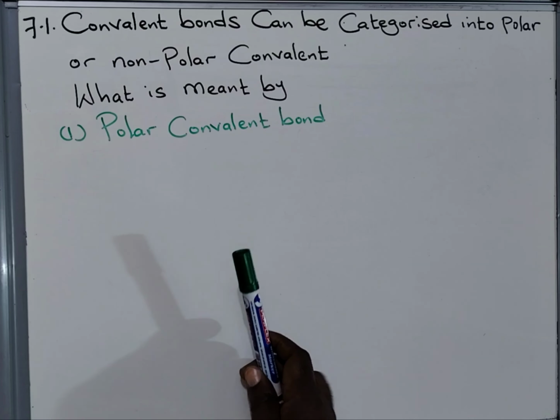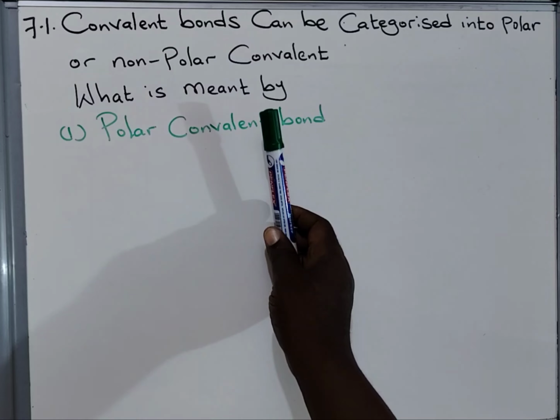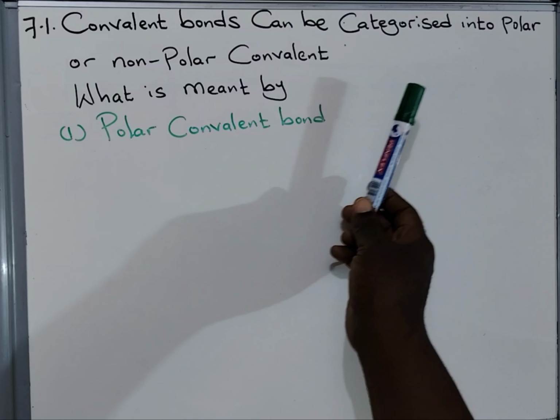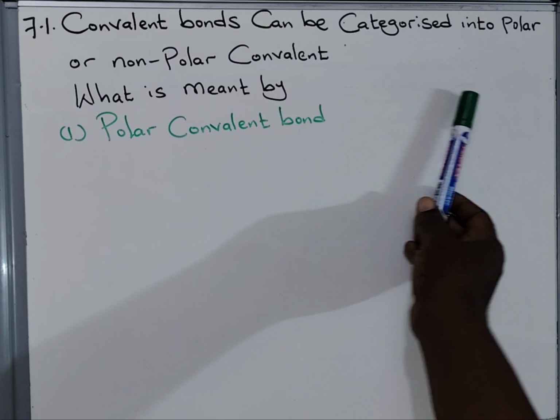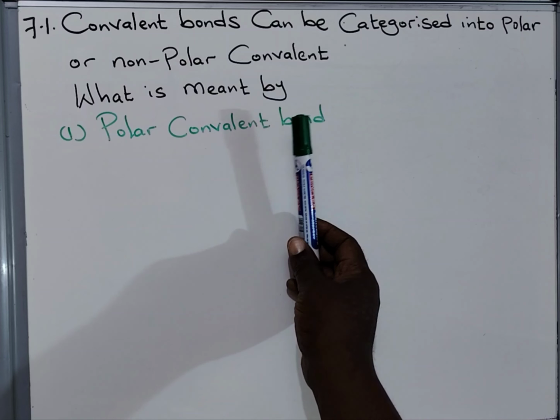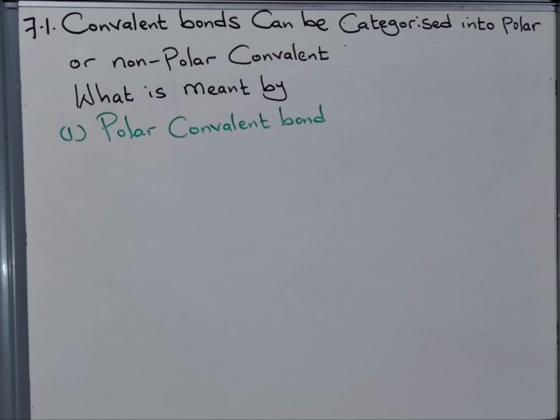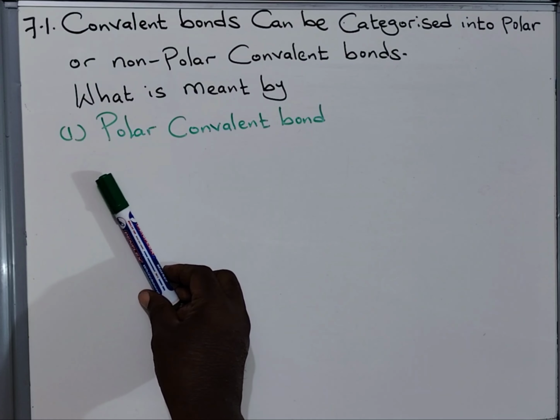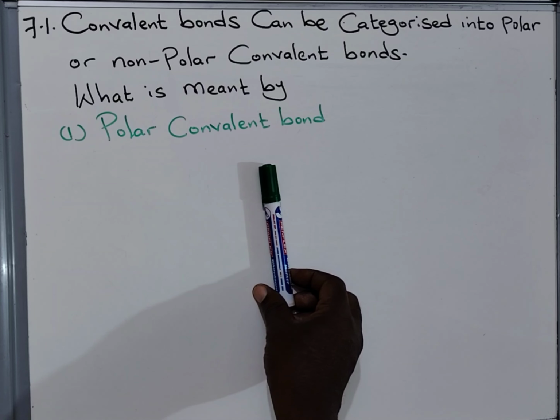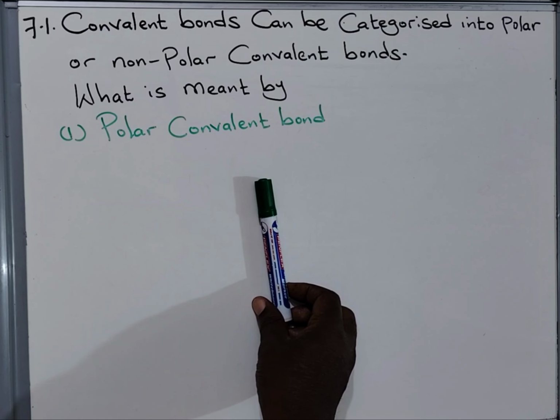It says, covalent bonds can be categorized into polar or non-polar covalent bonds. Then the question comes: what is meant by polar covalent bond?